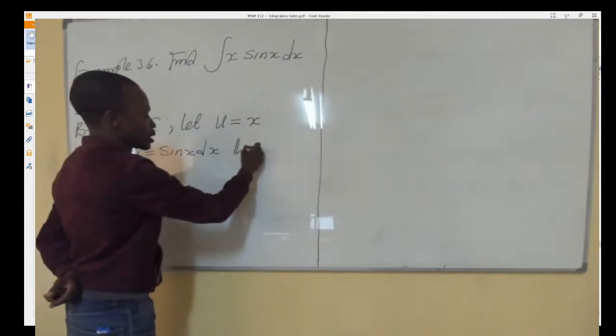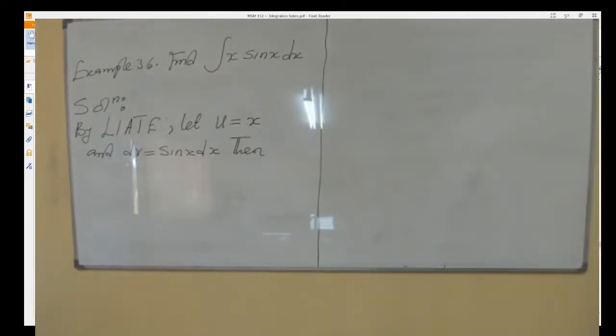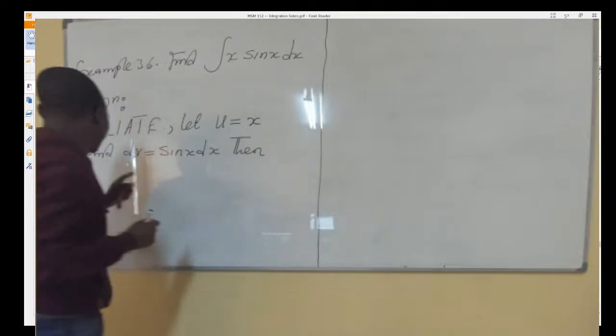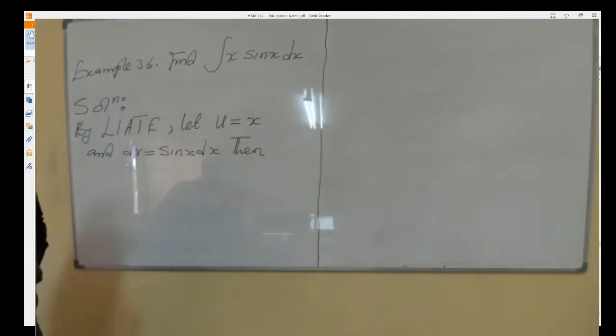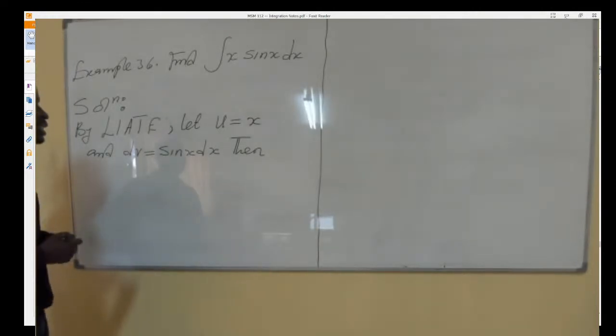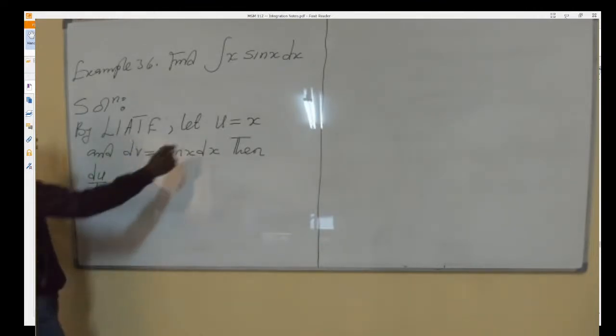If your u is equal to x and your dv is equal to sine x dx, the next step is to differentiate u.